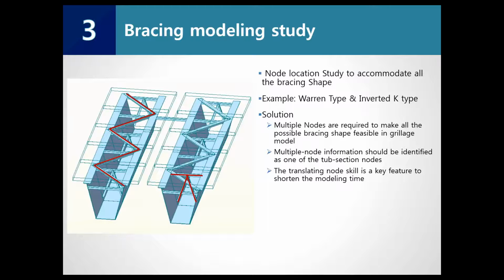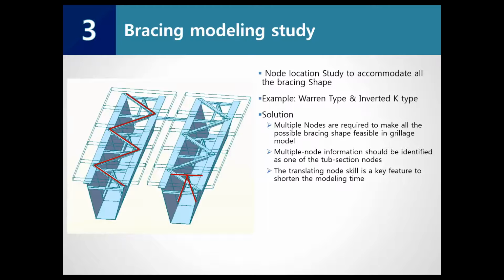So first, we need to know how to create a node and translate a node to find and place the proper nodes on the top section lines. And multiple node information should be identified as one of the top section nodes.